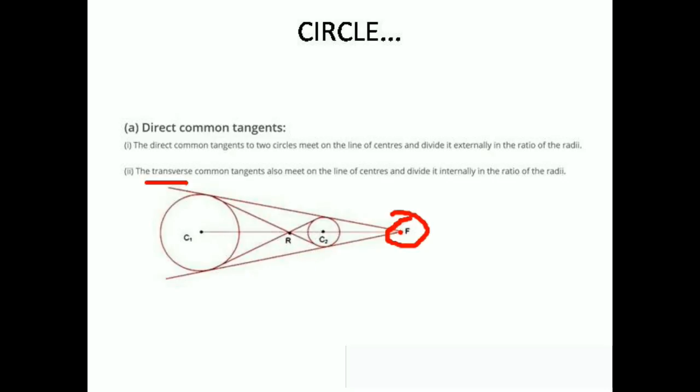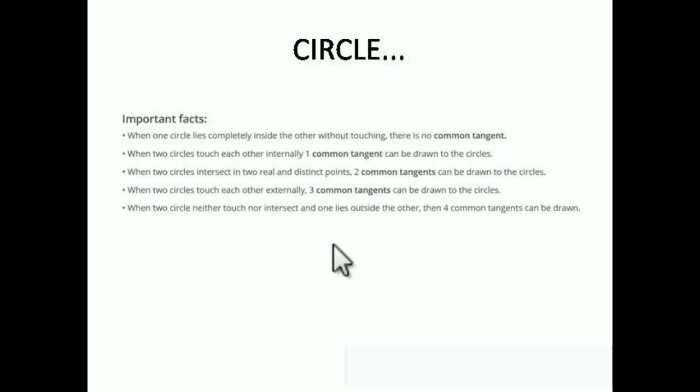Now, some important facts. If one circle lies completely inside the other without touching, there is no common tangent. Like this is one circle and this is the other one, then you cannot make any common tangent.